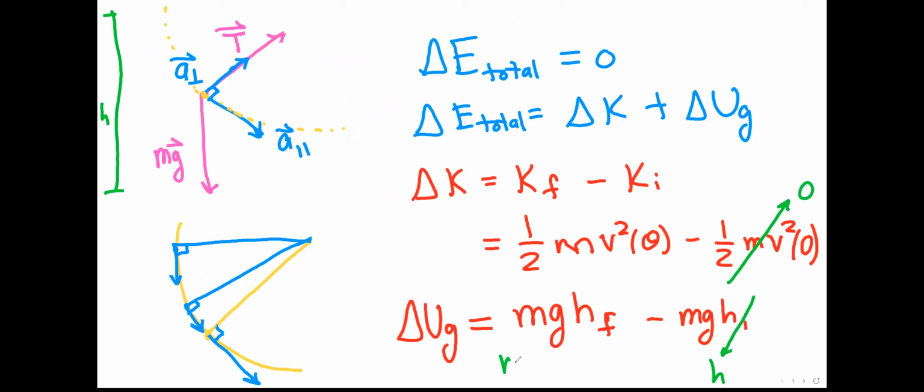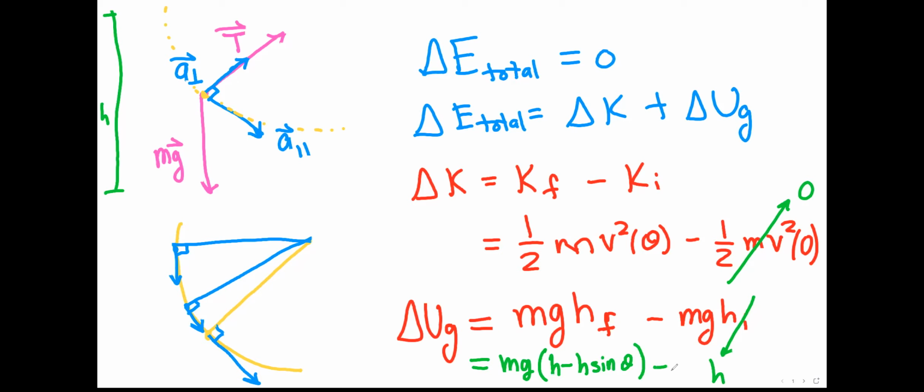That's going to be mg, and then the final height, not the final when he lands in the water, but the final for the purposes of calculating his total change in energy at some angle theta. That's going to be H minus H sine theta. That's his final height, right?